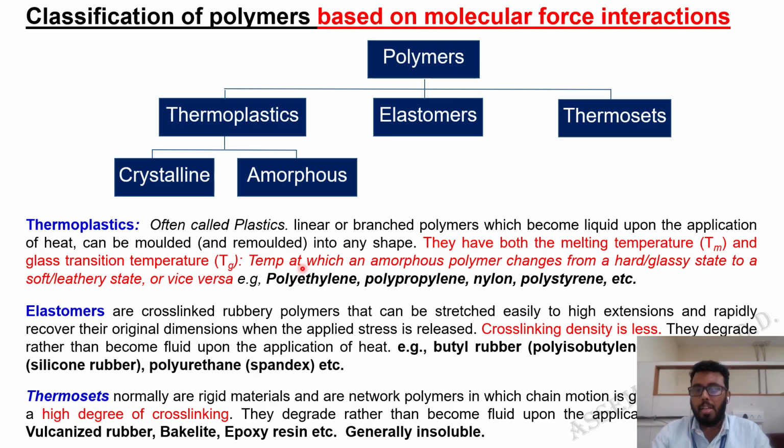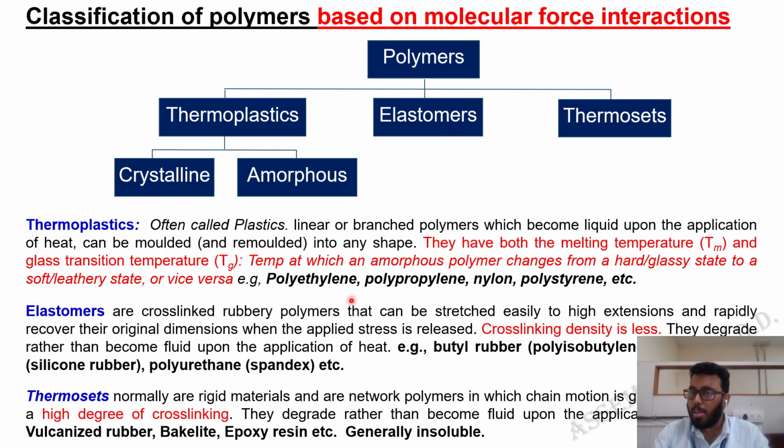Which means when it is turning, it will go from a hard or glassy state to a soft and leathery state. For example, if you are heating a polymer at a particular temperature, like 400 degrees, 450, and that amorphous polymer changes state, or goes from a hard and glassy state to a soft and leathery state, that particular temperature is called the glass transition temperature.